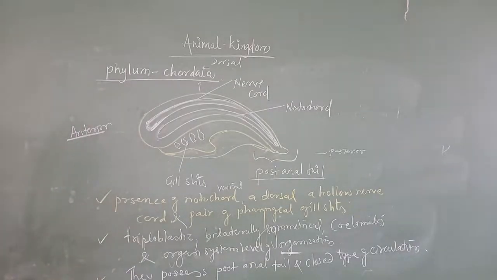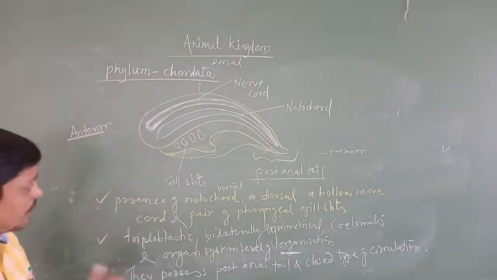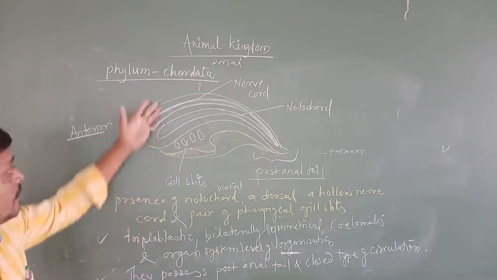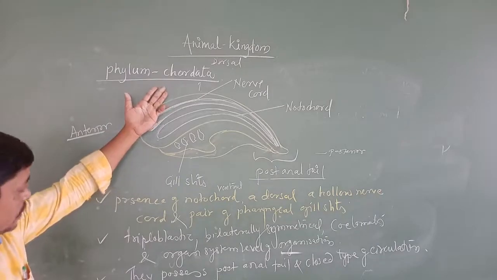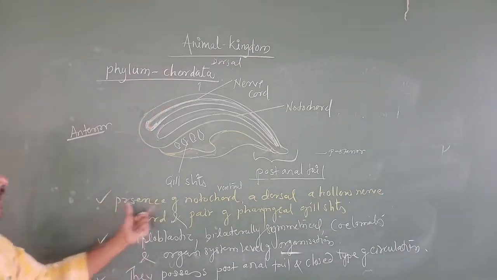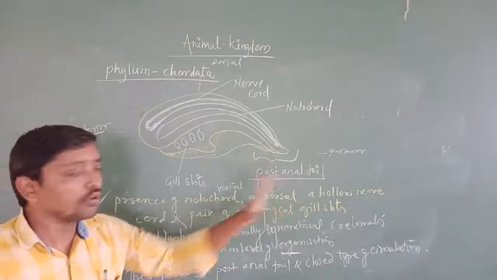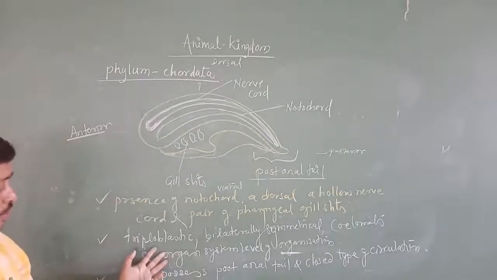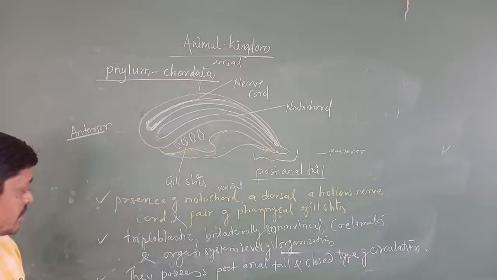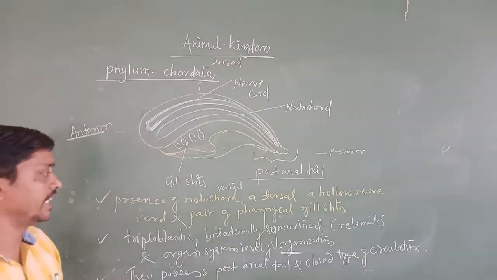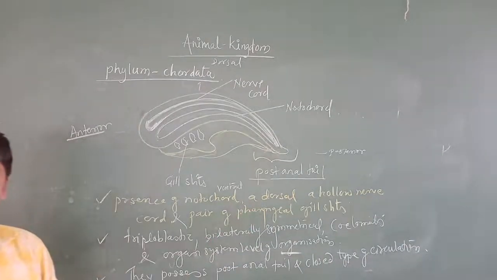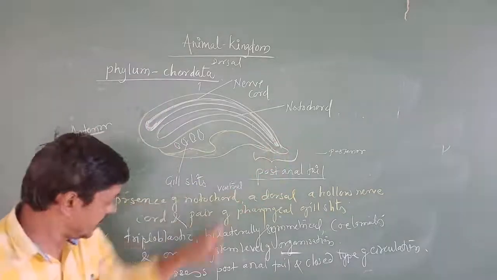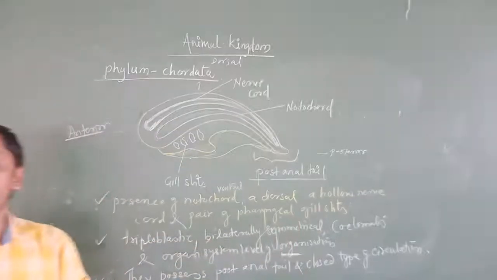Now, what we have studied here in phylum Chordata are the fundamental characters. In chordates, the presence of notochord, a dorsal hollow nerve cord, and a pair of pharyngeal gill slits. Triploblastic, bilaterally symmetrical, coelomates, organ system level of organization. And these chordates have a post-anal tail and closed type of circulation.